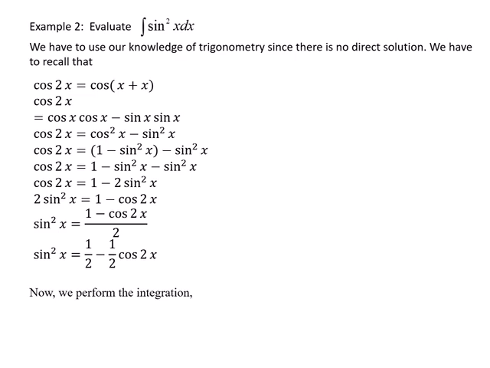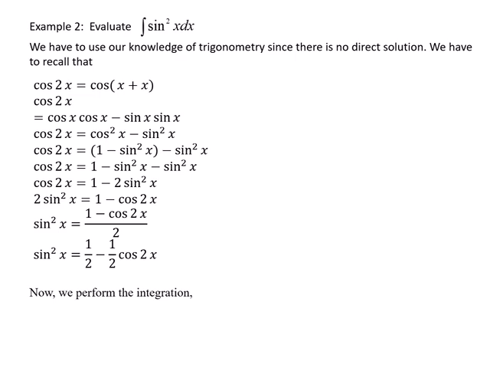Ordinarily, if I want to solve the integral of sin square x dx for you, I will just apply the power reduction formula. I'll just write it as sin square x equal to 1 minus cos 2x all over 2. But for you to understand how we got it, that is why we went through all these steps.